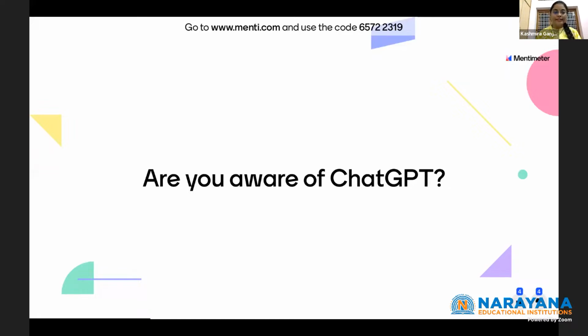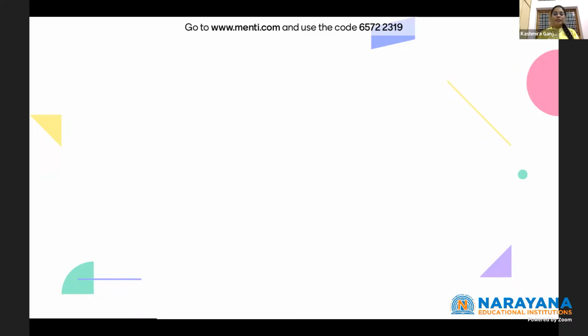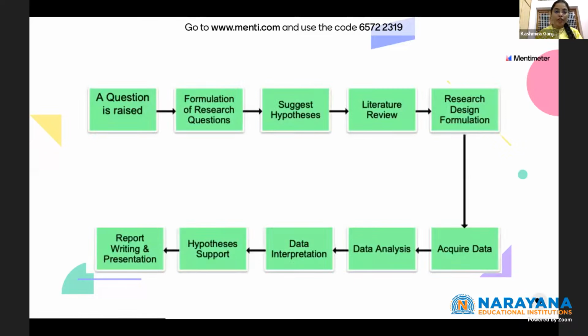For conducting any research, this is very important, very crucial. You have to know your purpose of conducting research. Now coming to the next stage. This is the entire journey of conducting a research. Now you have a research objective fixed, and then you have research questions.